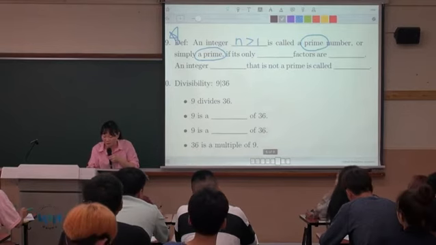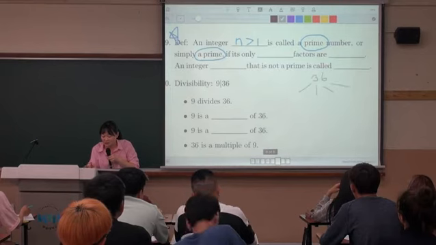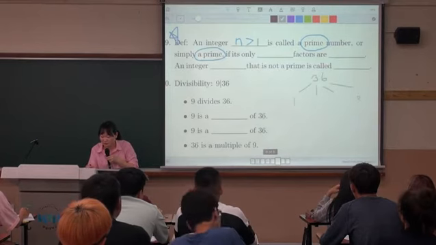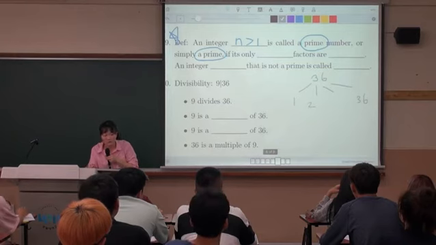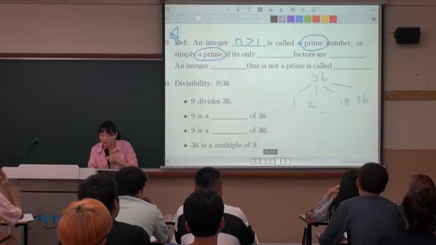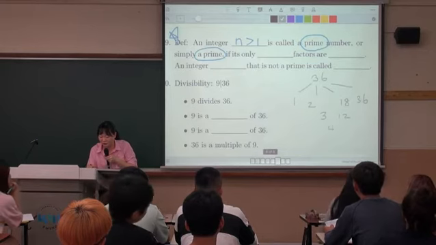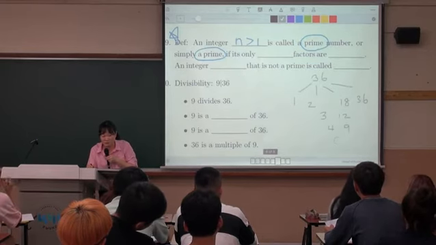For example, if I have 36, what are the factors? 1, 36, 그 다음에 2, 3, 12, 4, 9, 6.